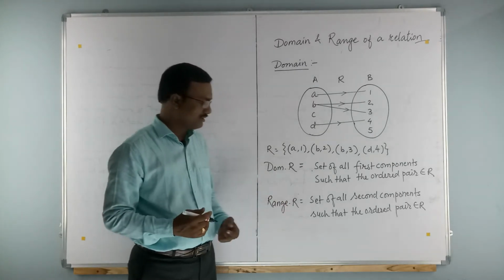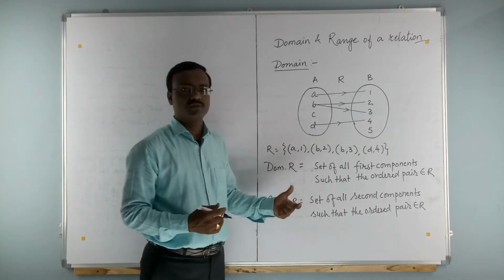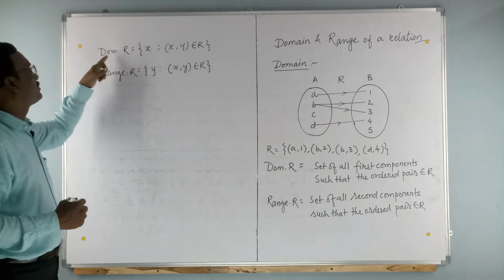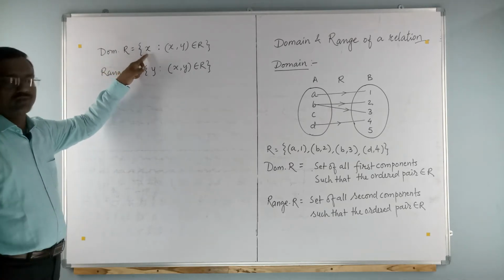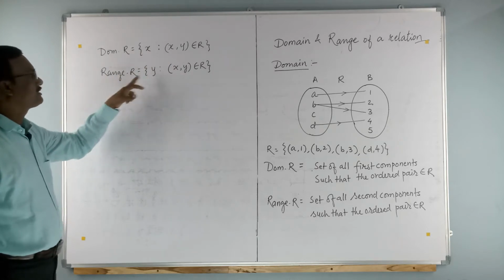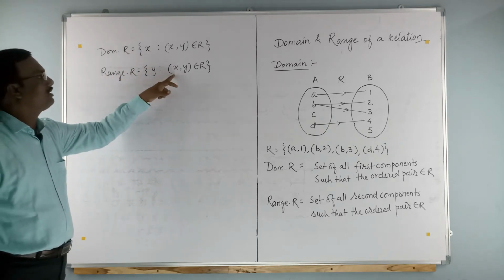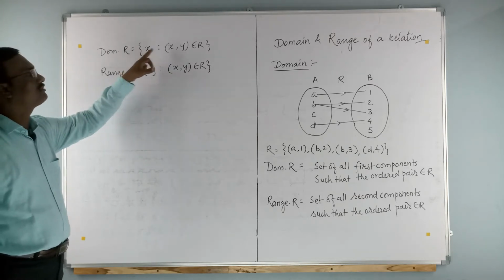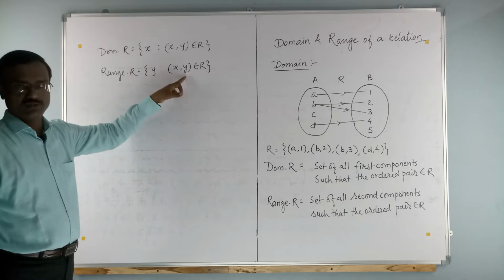In a classical manner, the same can be shown like this. So this is domain of R, the set of all first components x such that (x, y) belongs to R, and range of R is the set of all y such that (x, y) belongs to R. So here x means the first component, y means the second component.